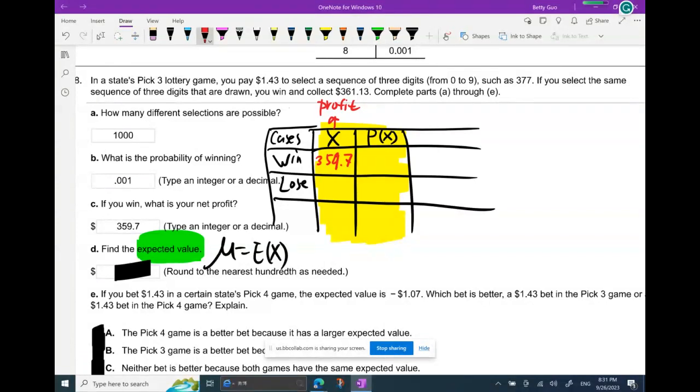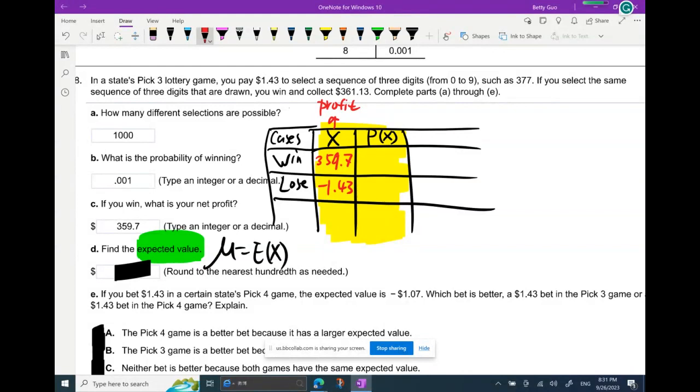Question. Don't type, just tell me. It's faster. Unmute yourself and tell me, when you lose, what's your profit? Don't type. Just tell me. Negative. Yeah, negative 1.43. Awesome. Very good.